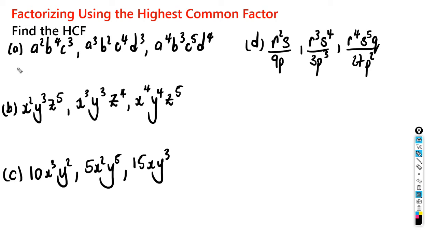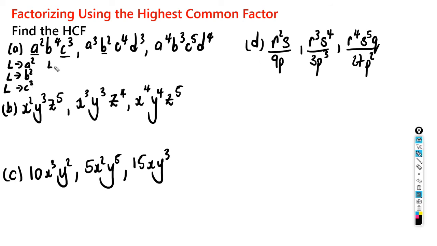And of course, the first thing we want to do is find the lowest value for a, right? The lowest value for a is a squared. Then the lowest value for b is b squared. Then the lowest value for c is c cubed.